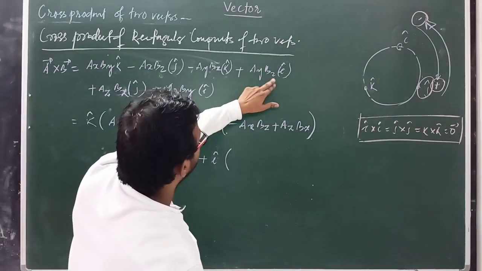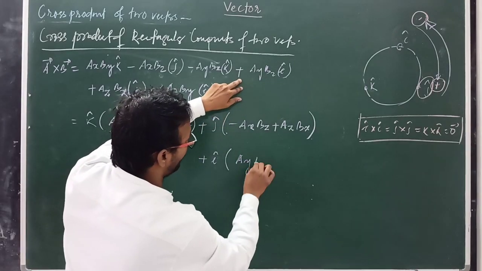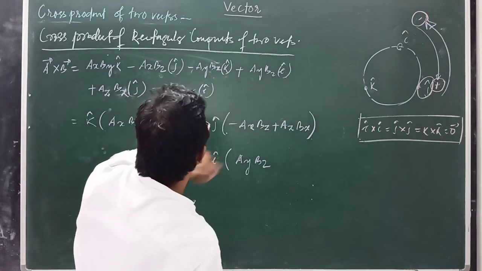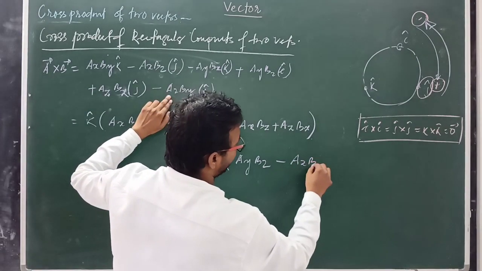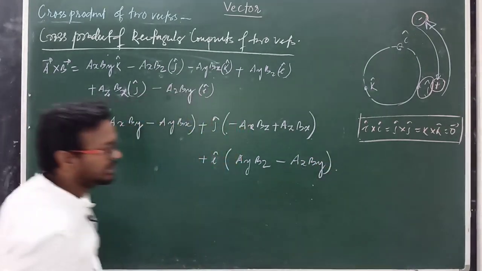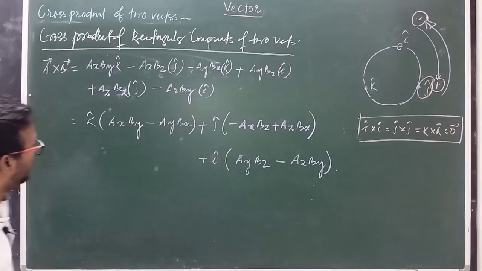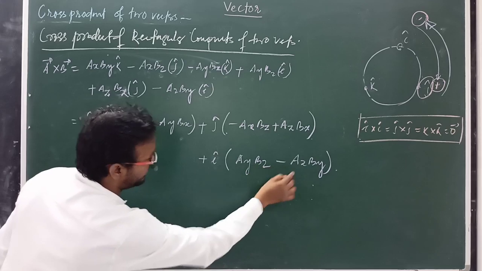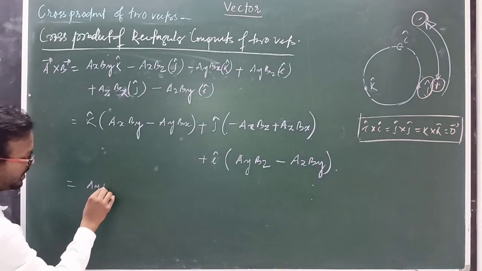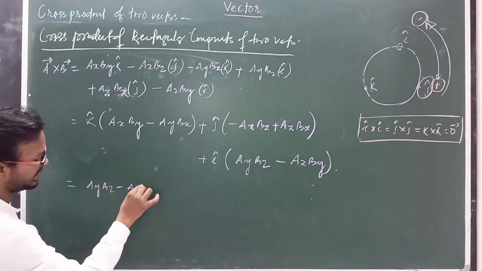So here ay bz minus az by. Clear? If you solve this relation, you can write i cap ay bz minus az by into i cap.